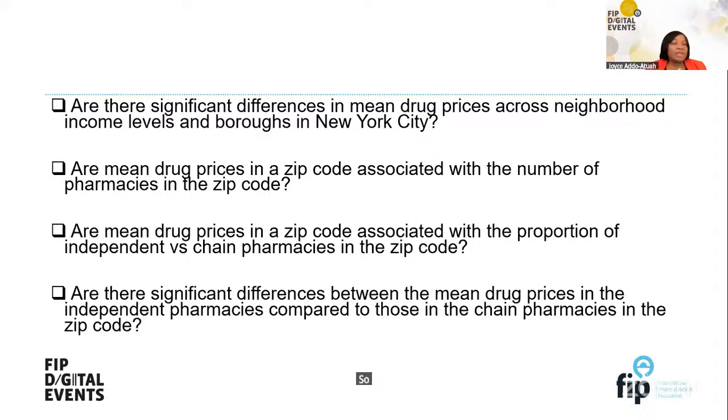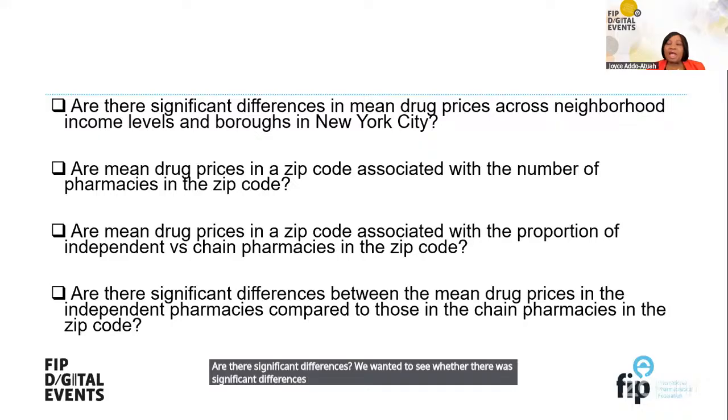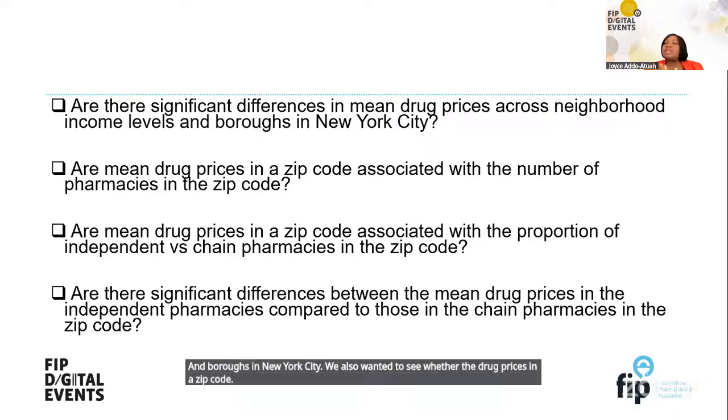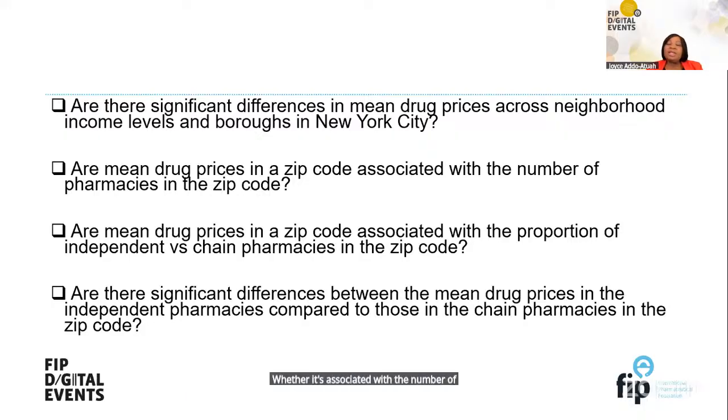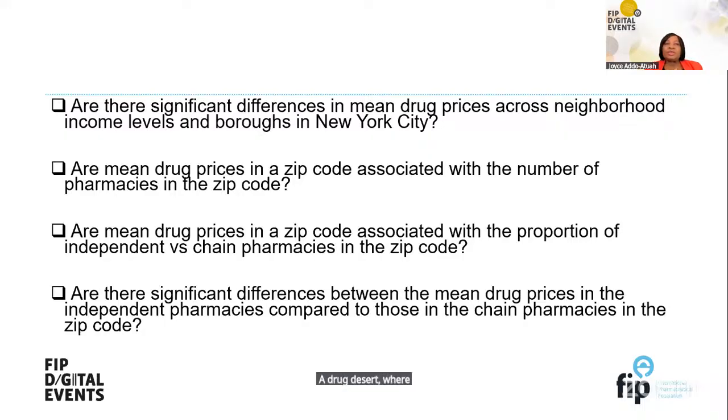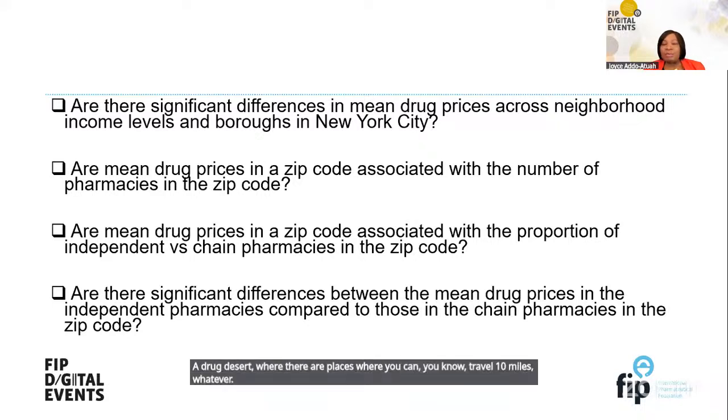So what were the research questions? These were the research questions. We wanted to see whether there were significant differences in the mean drug prices across neighborhood income levels and boroughs in New York City. We also wanted to see whether the drug prices in a zip code are associated with the number of pharmacies in the zip code, because we know something called a drug desert, where there are places where you can travel 10 miles or whatever without seeing any pharmacy.